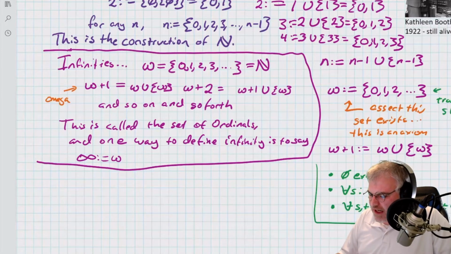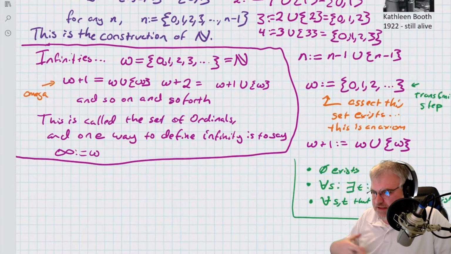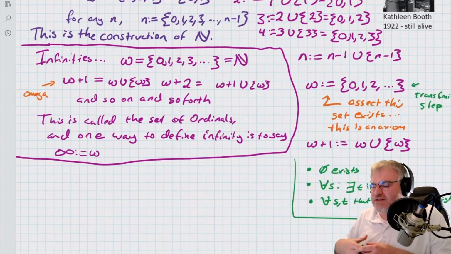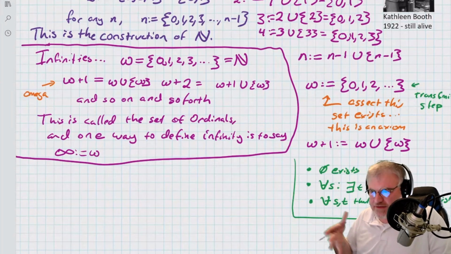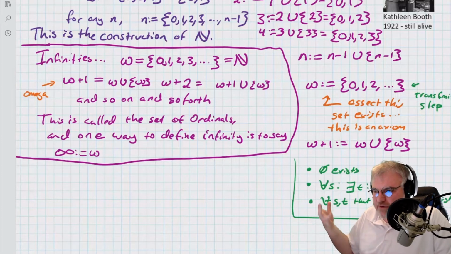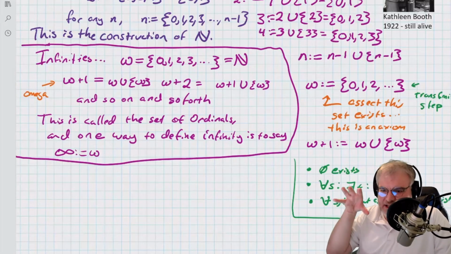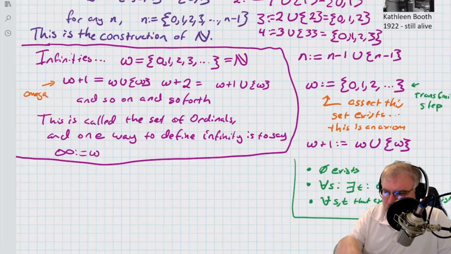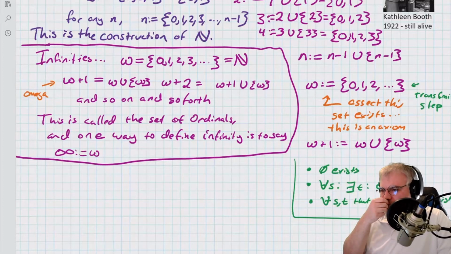This is what Booth Kettig did when he invented assembly language. If you code in assembly language, and no one does anymore, well, some people do, it's so high level that you might as well be coding in C almost. Assembly language, if you don't know, lets you get really close to the processor.